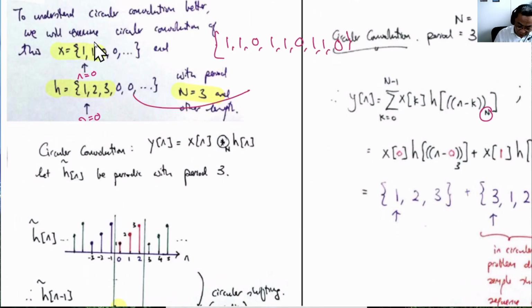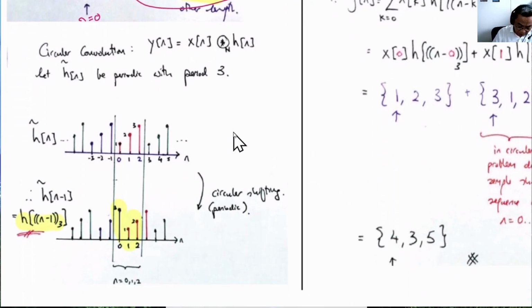And our h is 1, 2, 3, 1, 2, 3, and so on until infinity. It will repeat on both the left-hand side and the right-hand side for N equals 3. Now we can draw h[n], and we can draw h[n-1], that is with period 3.